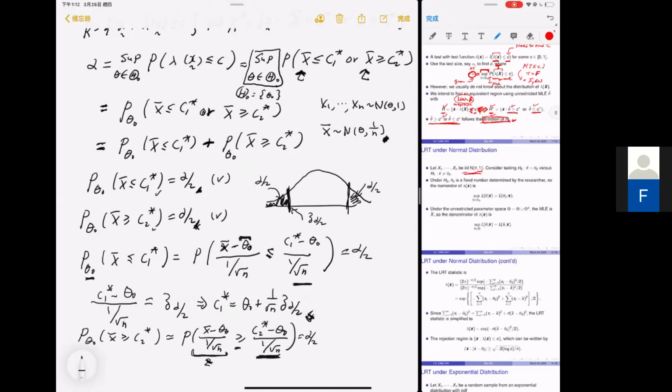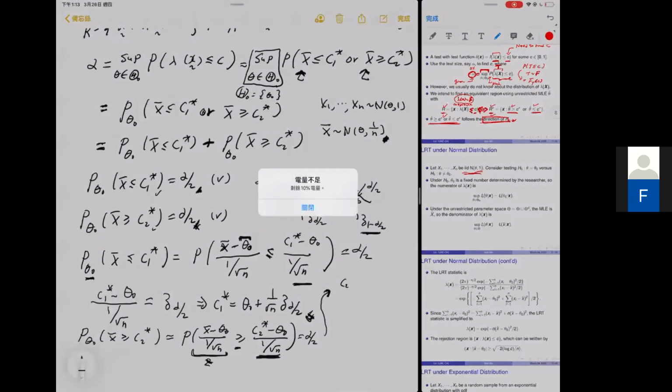Then what does that mean? This quantile is z 1 minus alpha over 2. I was using quantile as the left-hand side probability, so this would be 1 minus alpha over 2. So it gives me C2 star. Oh, okay. I lose my power. Hold on a little bit.